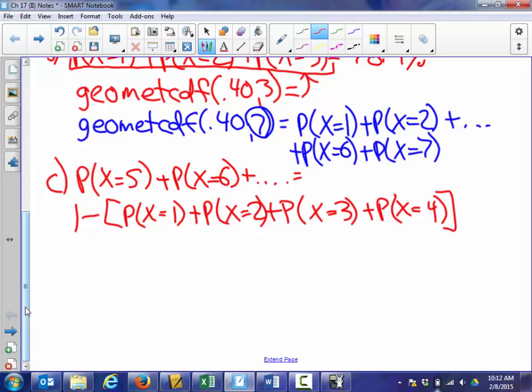Okay? So we can, instead of using geometPDF here, geometPDF here, geometPDF here, geometPDF here to find those 4 individual probabilities, why don't we, for everything in the bracket, just use geometCDF instead? So we'll say 1 minus geometCDF of, again, that 40% probability of success, comma 4.